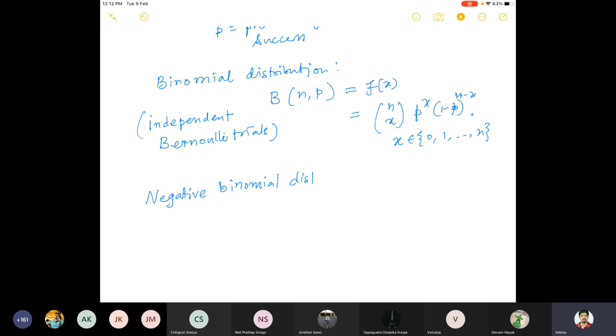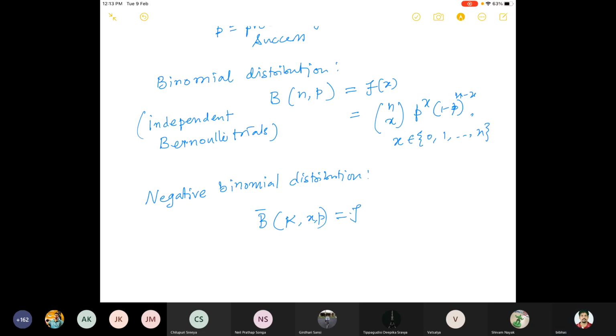Some people don't really like the b-bar notation, and then here the parameters will change. Here it is k and p, because p is also there. And it was, okay, so this is f(x).